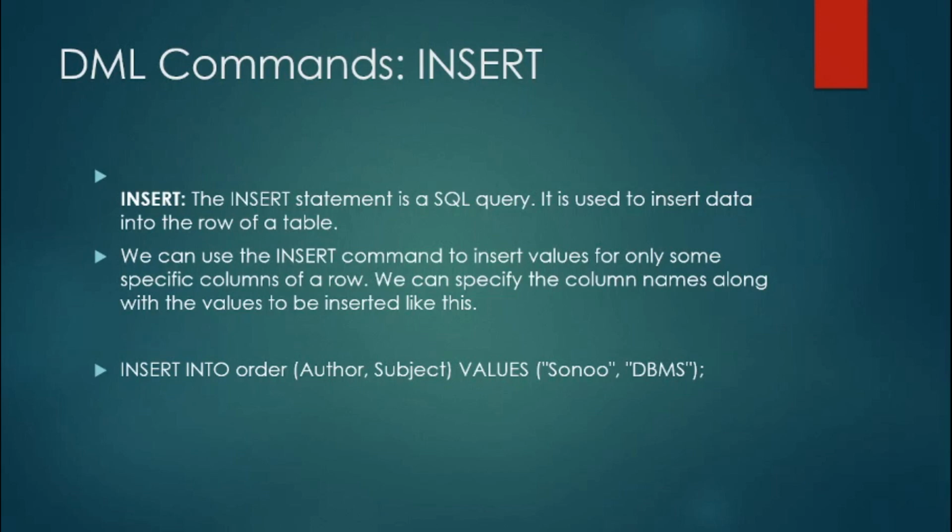Now let's see how we write the insert statement. It starts with insert into, the name of the table and the name of the column. You have to specify the name of the column for which you want to supply the value. Here the column names are author and subject, and the values that you are supplying for these two columns are Sonu and DBMS.